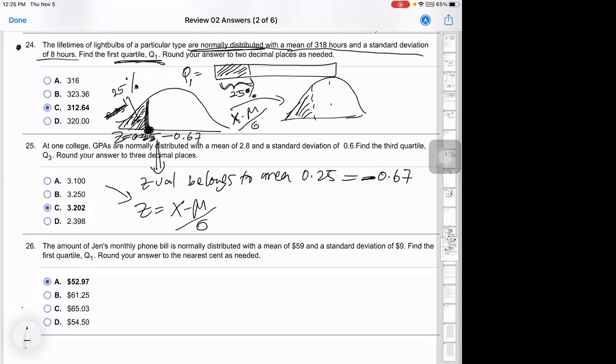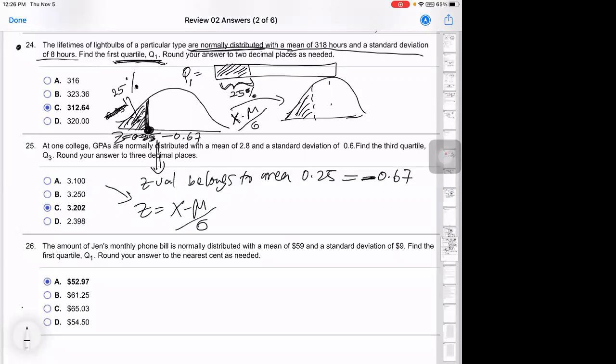Because they haven't mentioned otherwise, you have to consider the first quartile from the standard normal distribution, then find the corresponding Z value. So the Z value is negative 0.67.